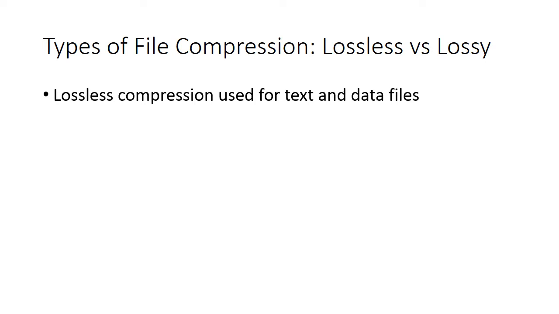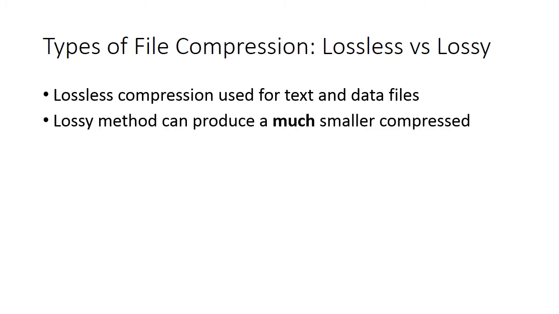And by the way, there are ways to compress data files and text files that are lossless. Unfortunately, we can't cover that in this particular lecture, but there are lossless techniques that are used for data files and text files because you can't really lose the information.